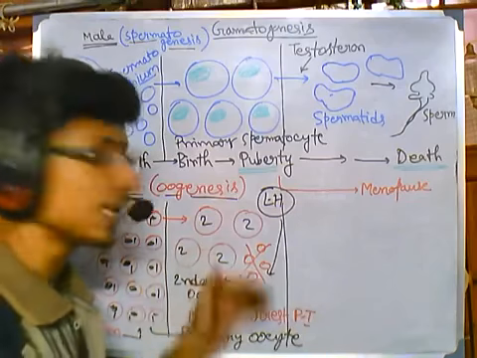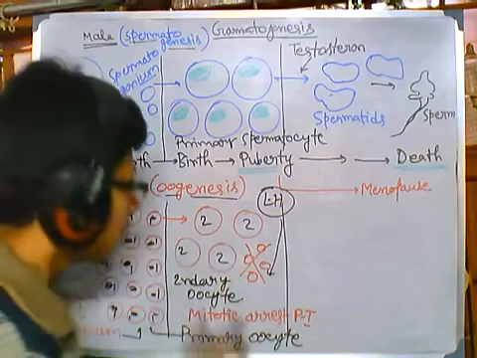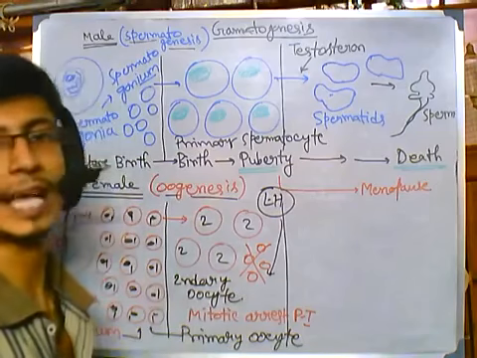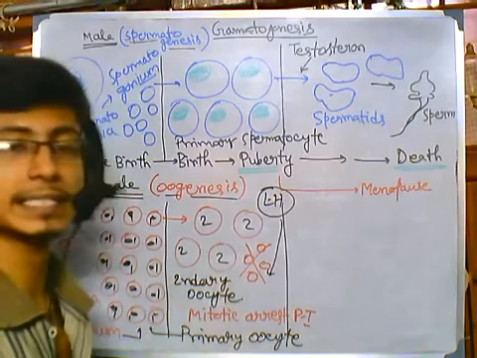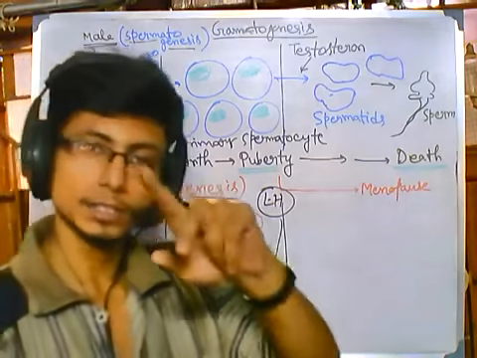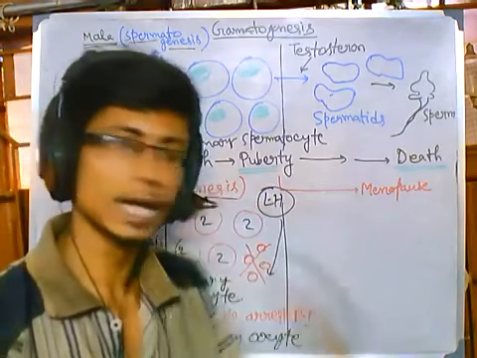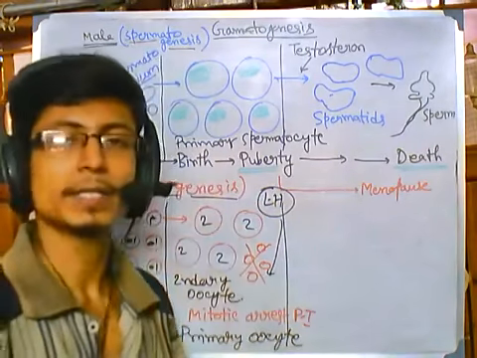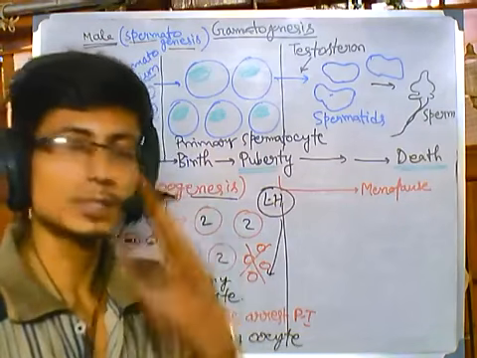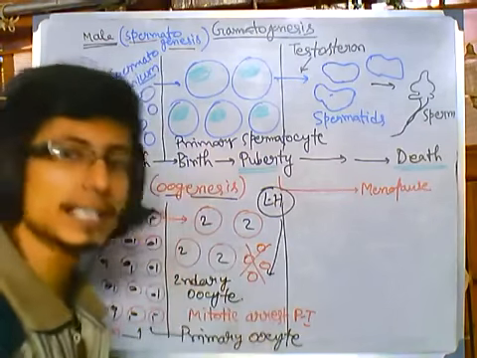Now the secondary oocyte will start dividing, but they again encounter another meiosis arrest, and the arrest they encounter is in the second meiotic division. The first meiotic division occurs perfectly, but in the second meiotic division, at metaphase 2, they encounter another arrest.